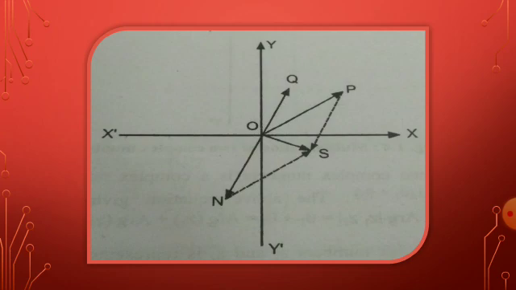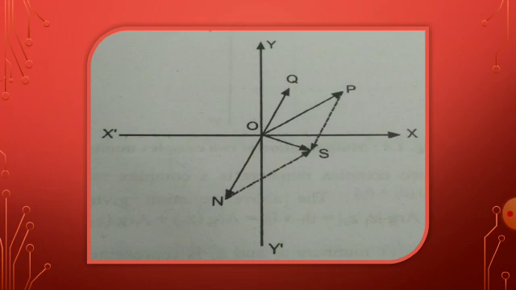Now the parallelogram OPSN is constructed and OP and ON are the position vectors of the points P and N corresponding to the complex numbers Z1 and minus Z2.